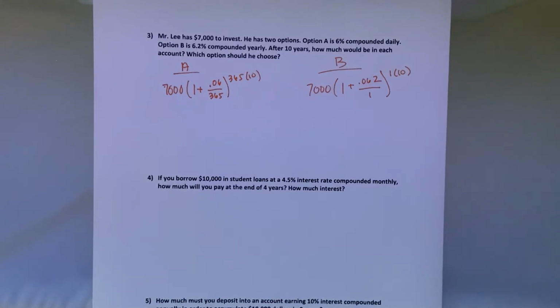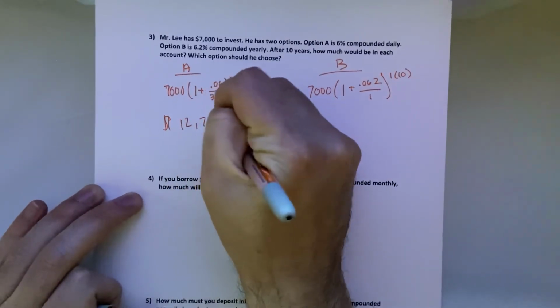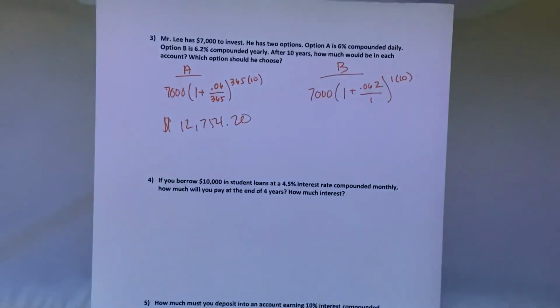So we got 7,000 times 1 plus 0.06 over 365 to the 365 times 10. This one has $12,754.20. Ooh, I'm rich.